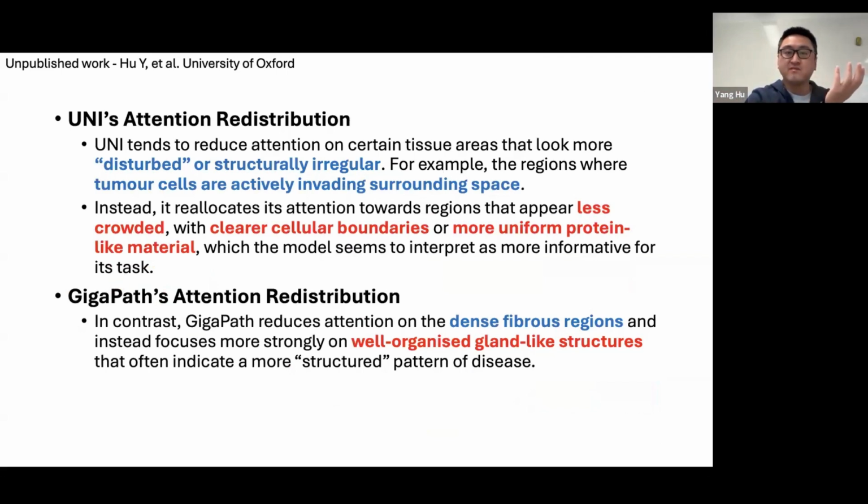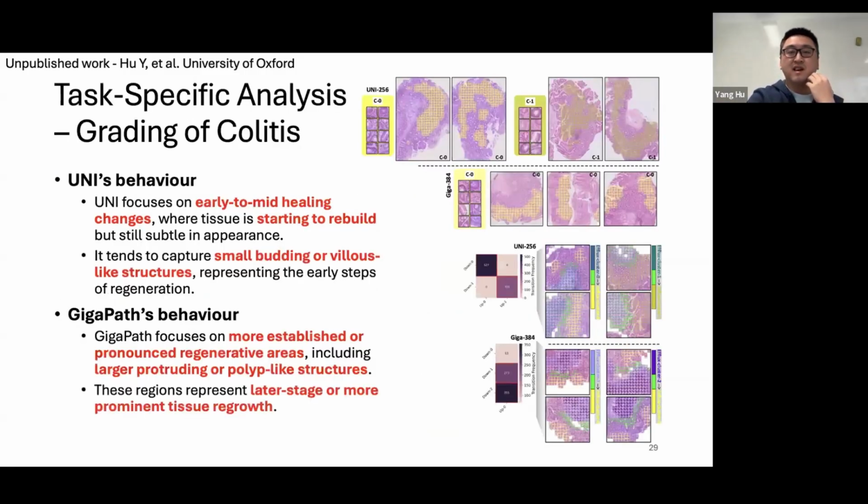While the union would rather move the attention to those more uniform protein-like materials, GigPath has a very strong preference for those well-organized gland-like structures. Another example is the grading of inflammatory bowel disease colitis.